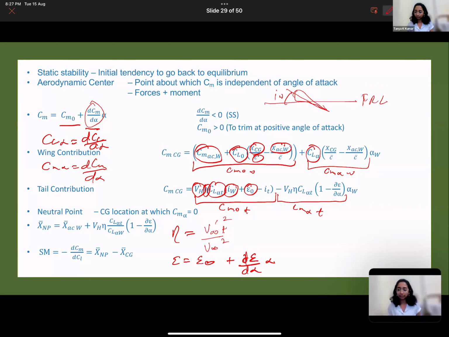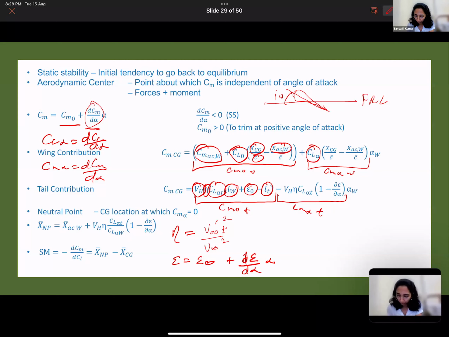What is IT? Tail setting angle. Perfect. It's the angle at which the tail is mounted on the fuselage reference line. VH, CL alpha. I think all other terms are fine.